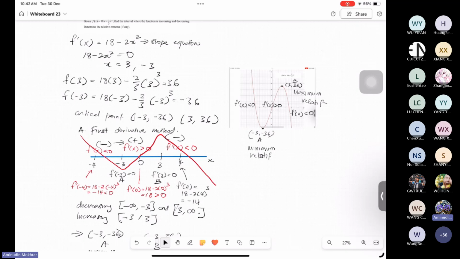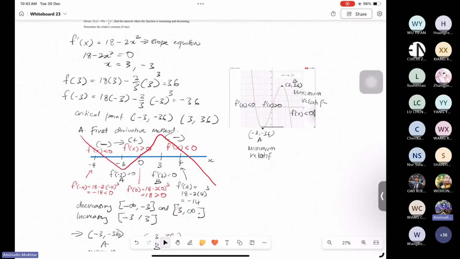That's how to apply the derivative to the graph. What I'm trying to say is we can apply this concept, the derivative dy/dx, to find the slope of the function, whether the slope is positive or negative.